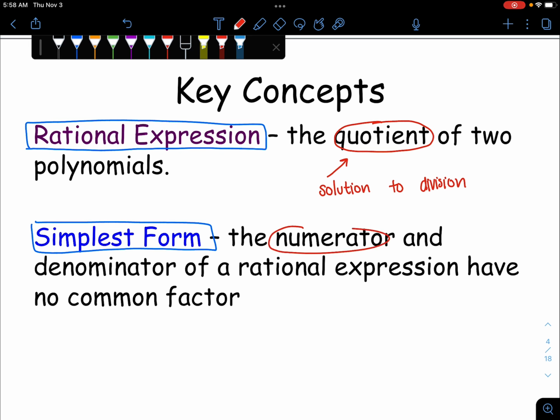So a fraction, the top is the numerator and the bottom is the denominator.